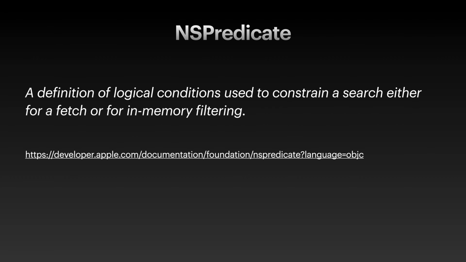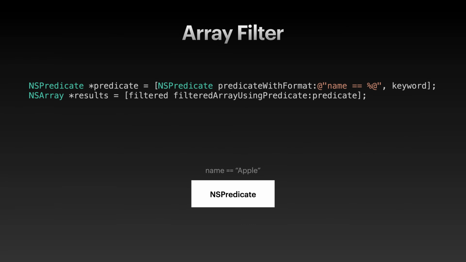Before we introduce NSExpression, let's take a look at this NSPredicate class. It's a definition of logical conditions used to constrain a search, either for a fetch or for in-memory filtering. Here is an example for in-memory array filtering.